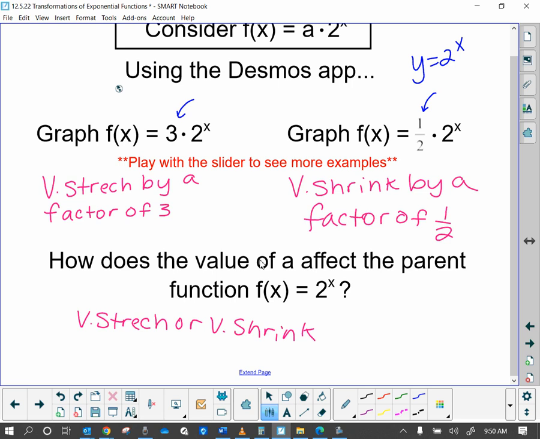So let's put that it changes the y-intercept. So it stretches or shrinks, and it changes the y-intercept.